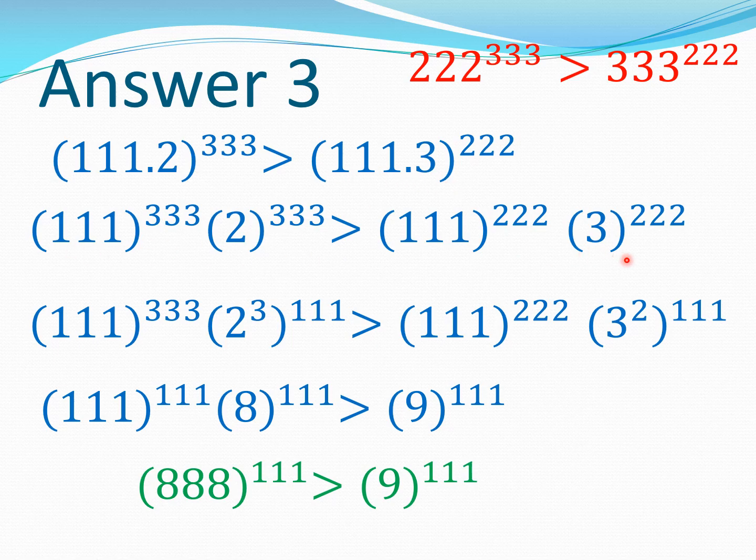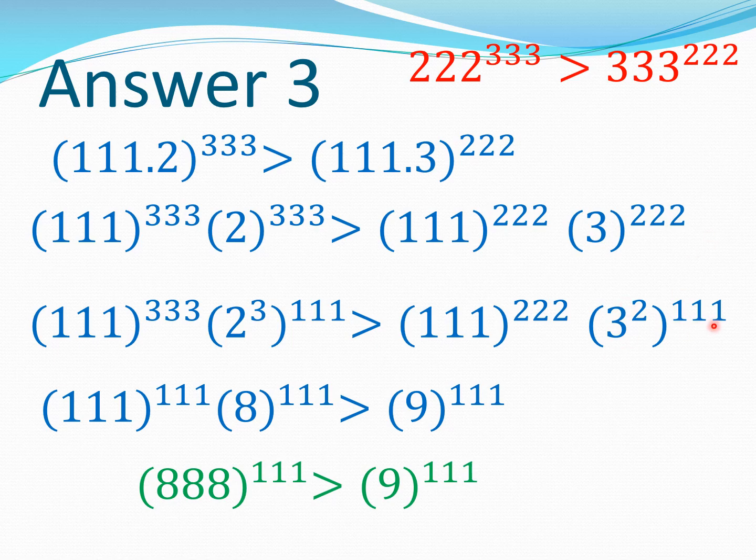I can then expand this out here. Now if I look at this further, I can make some more simplification. So I can write this 2 to the power 333 as 2 cubed to the power 111. I can write 111 to the power 222 as the same thing, and I can write 3 to the power 222 as 3 square to the power 111.